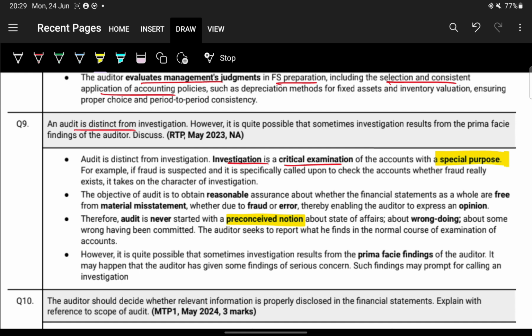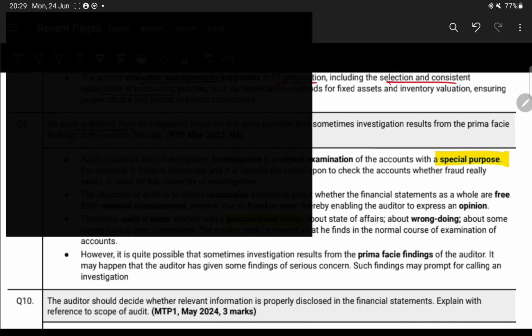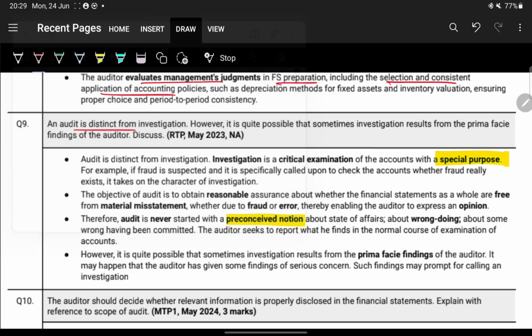We'll see what is given out here. An investigation is a critical examination of the accounts with a specific purpose, meaning with that purpose only the investigation is conducted.